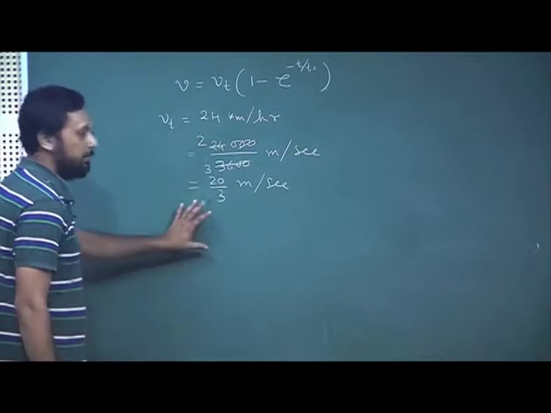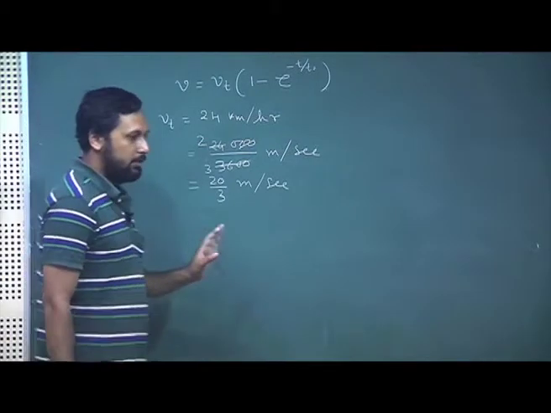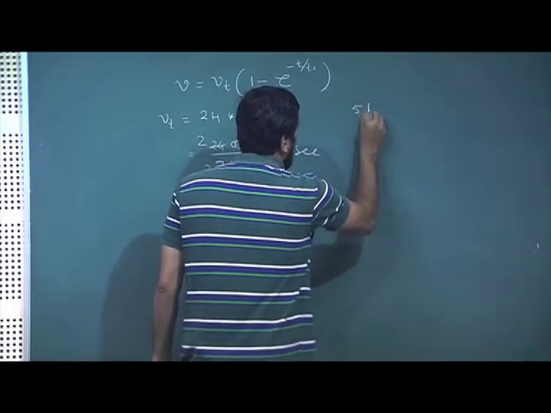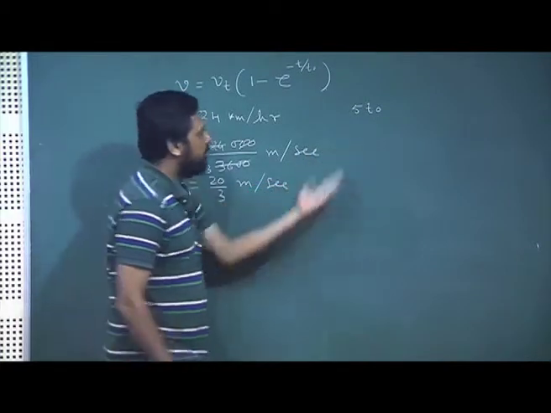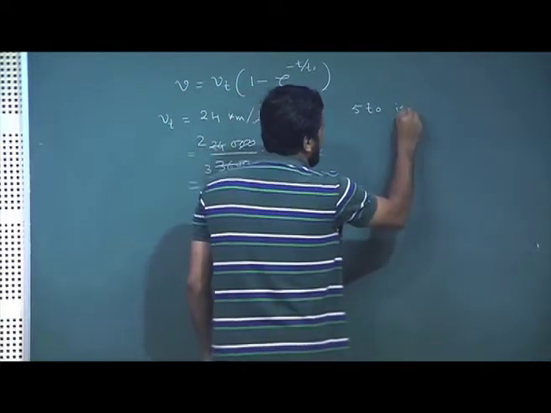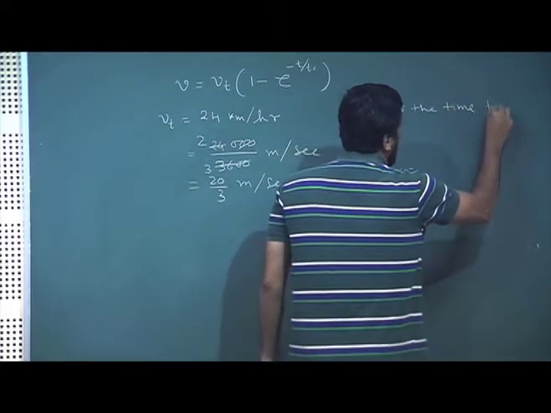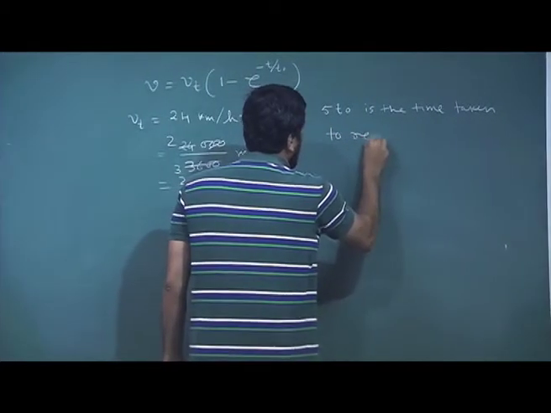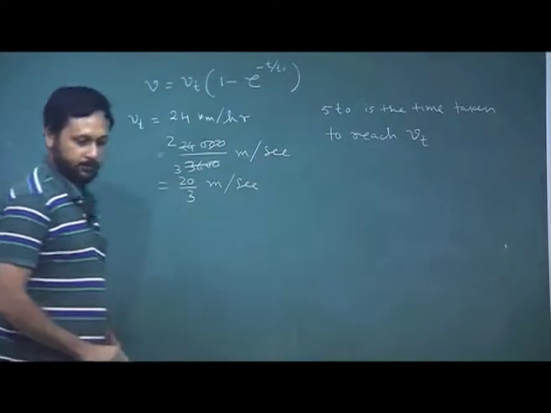So, this is our terminal velocity. Now, what we need to find out essentially is 5 t0. As I have discussed just some time back, that 5 t0 is the time taken to reach Vt.